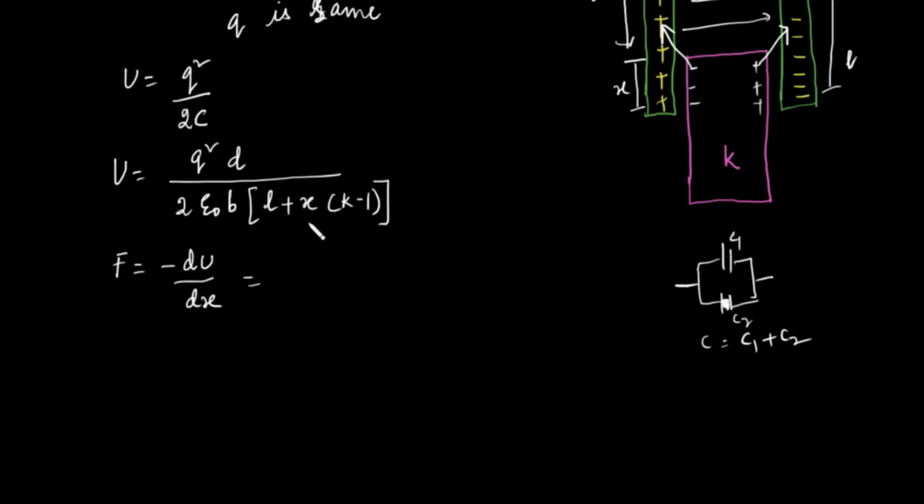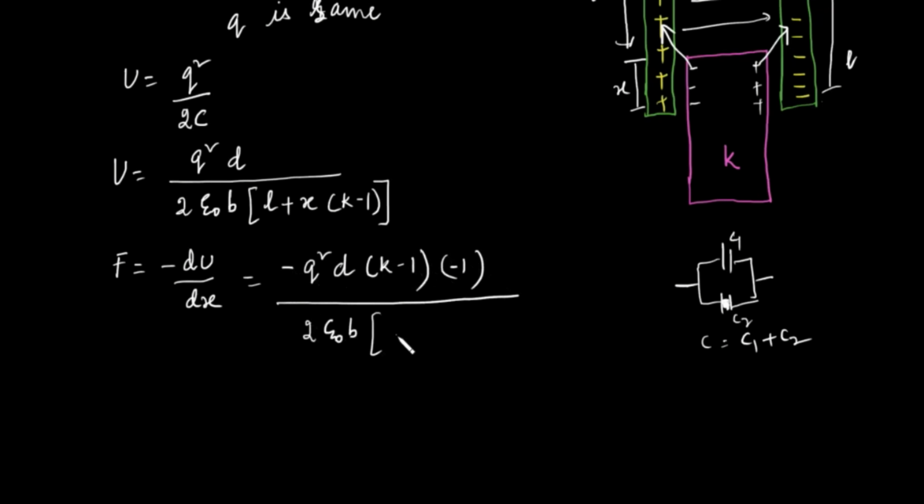Differentiating, we get Q square d k minus 1 by 2 epsilon naught b, L plus x into k minus 1 whole square.